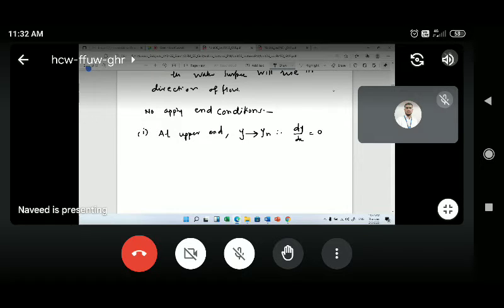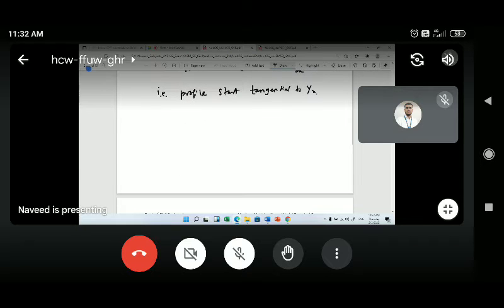That is, the profile starts tangential to yn. The value is positive. So if I draw the figure here, the moderate slope, not so steep, you can say the mild slope.